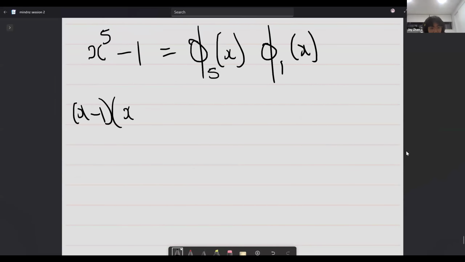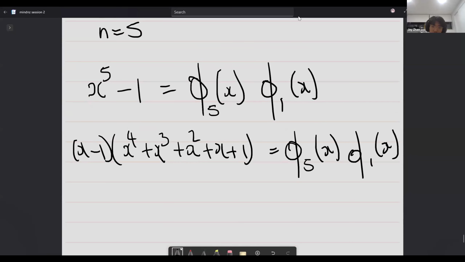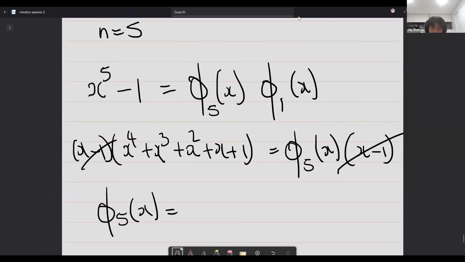You guys should know that it's equal to this. You can factor it out like this. And then this one's just equal to x minus 1. So you divide out by both sides, equal to x^4 plus x^3 plus x squared plus x plus 1.